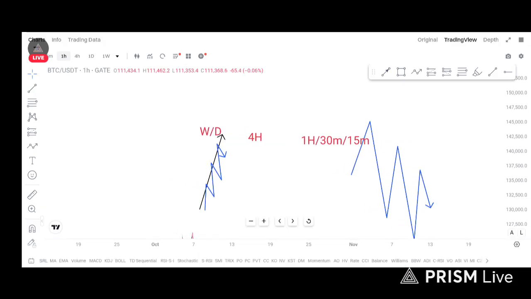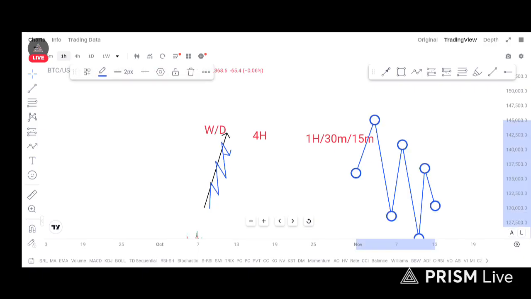So these are the last time frames we'll be looking at.